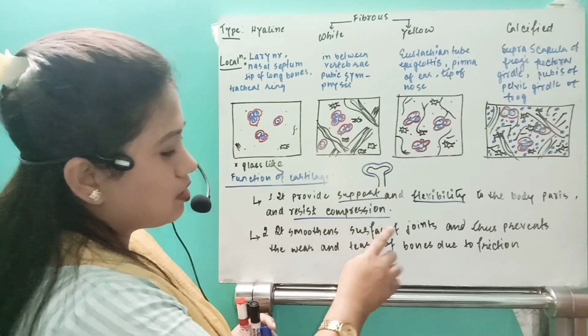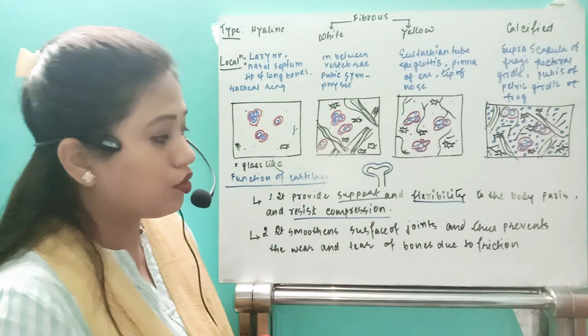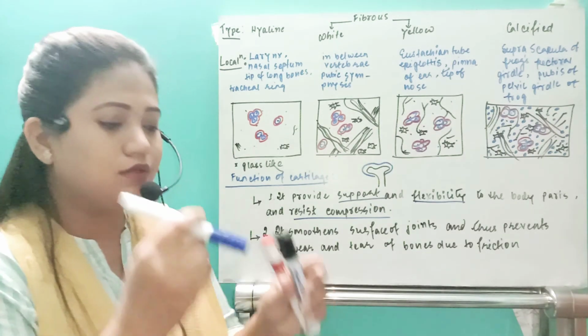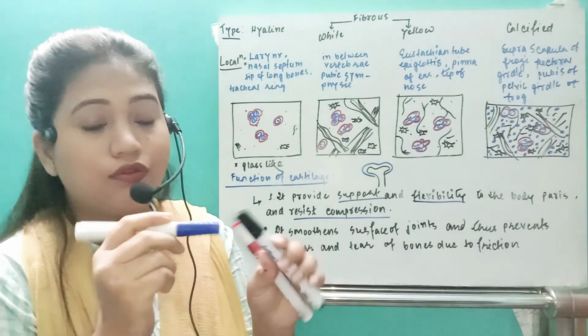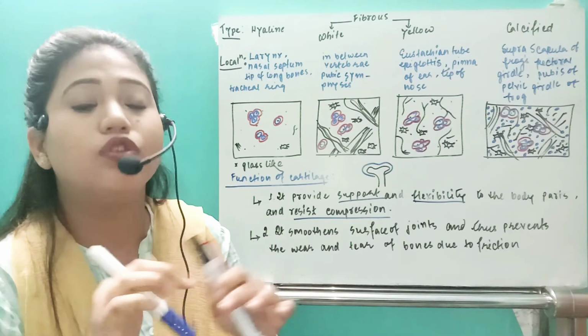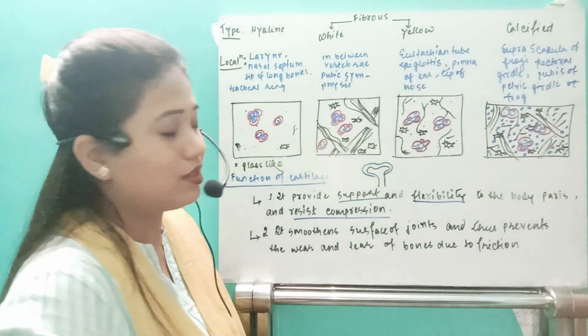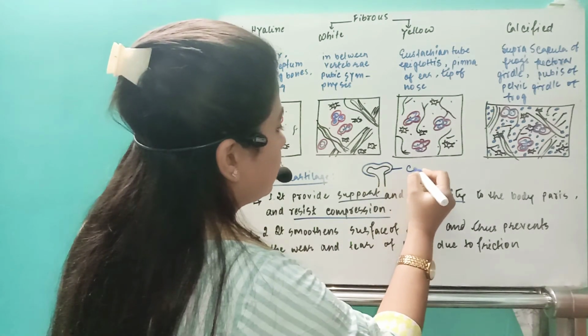It smoothens the surface of the joints and thus prevents wear and tear of the bones due to friction. Why is friction allowed? Why does this tip of the bone not get torn? It is because at the tip of the bone we have the cartilage, right?